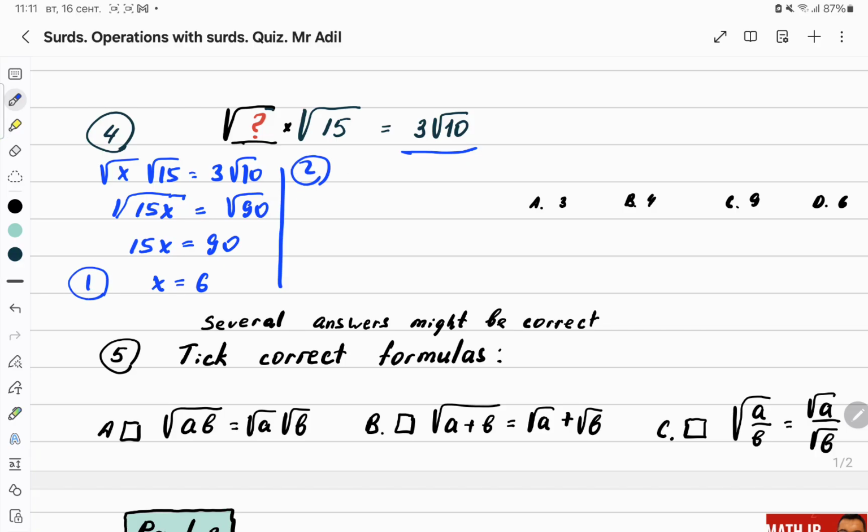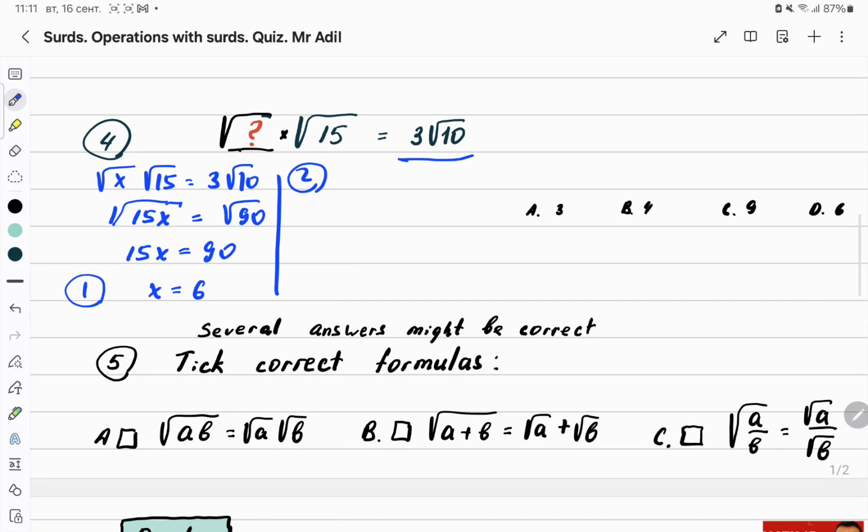Option number 2, let's work with the right hand side. We have square root of something divided by square root of 15, and we know that the 3 could be represented as square root of 9, and square root of 9 times square root of 10 is square root of 90.